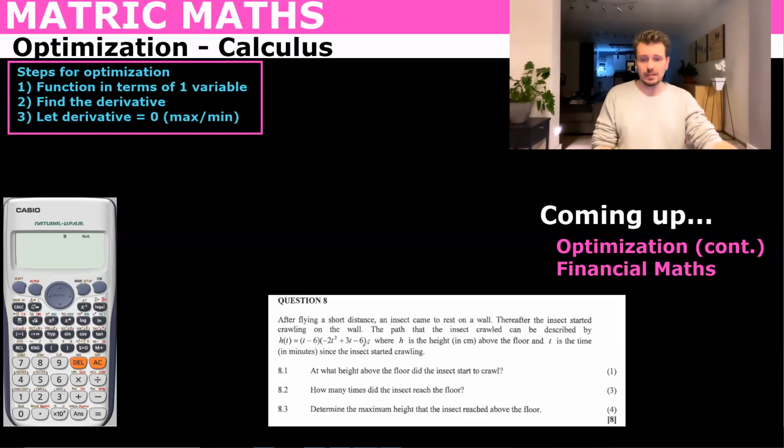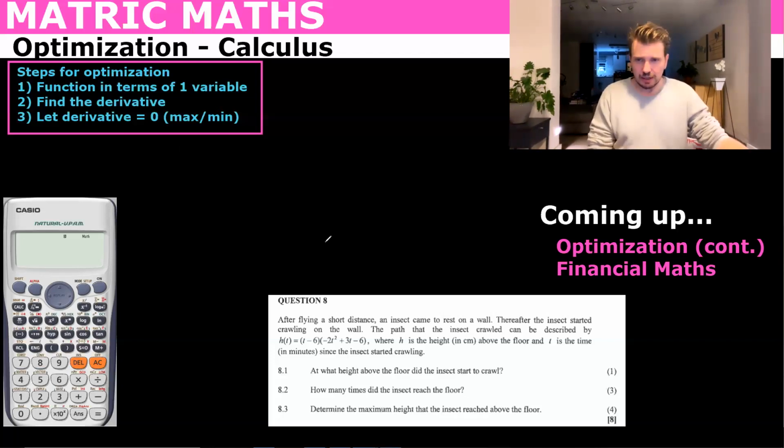So in this first one, we've already only got one variable, so step 1 has been done for us. Now the second step is to find the derivative. And then the third step is to make that derivative equal to 0. That will tell you the maximum or the minimum. And then we can substitute that into the original to find what the minimum value is.